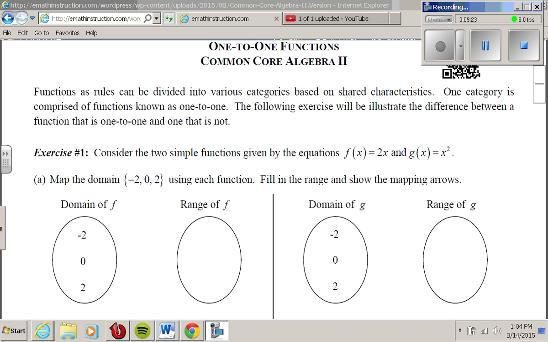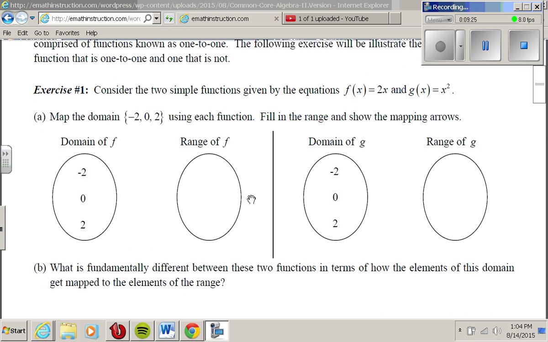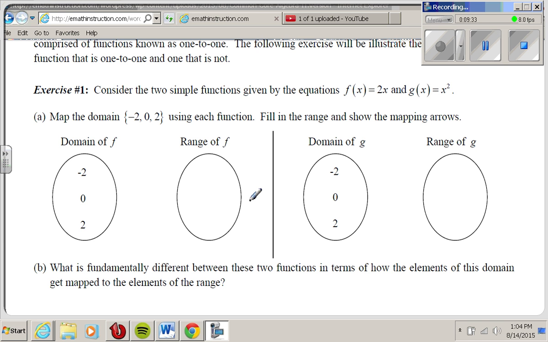So when we look at mapping, I've got f of x equals 2x, and I've got g of x equals x squared. If I'm going to map this function, again, f of x is 2x. So negative 2 becomes negative 4, 0, and 4. When I map this, notice it's all pretty one-to-one, right?